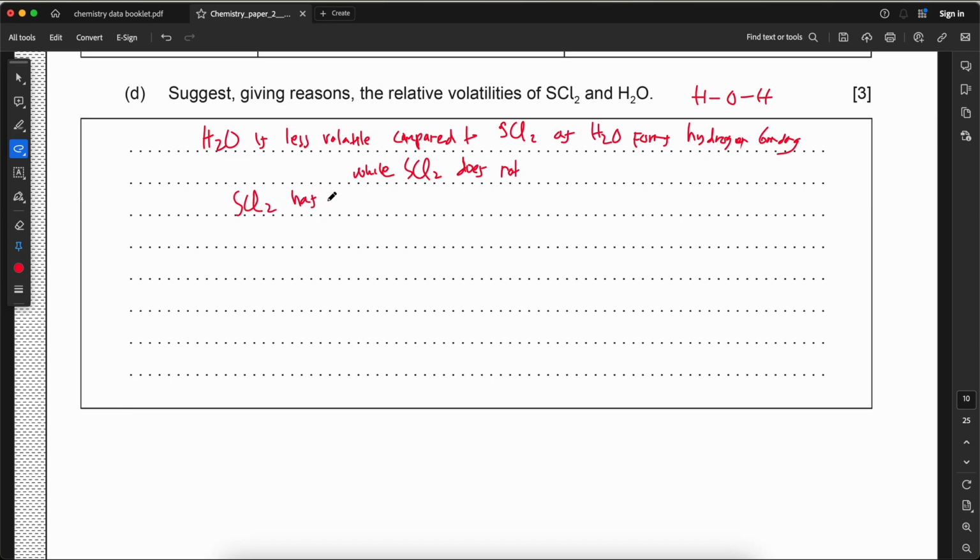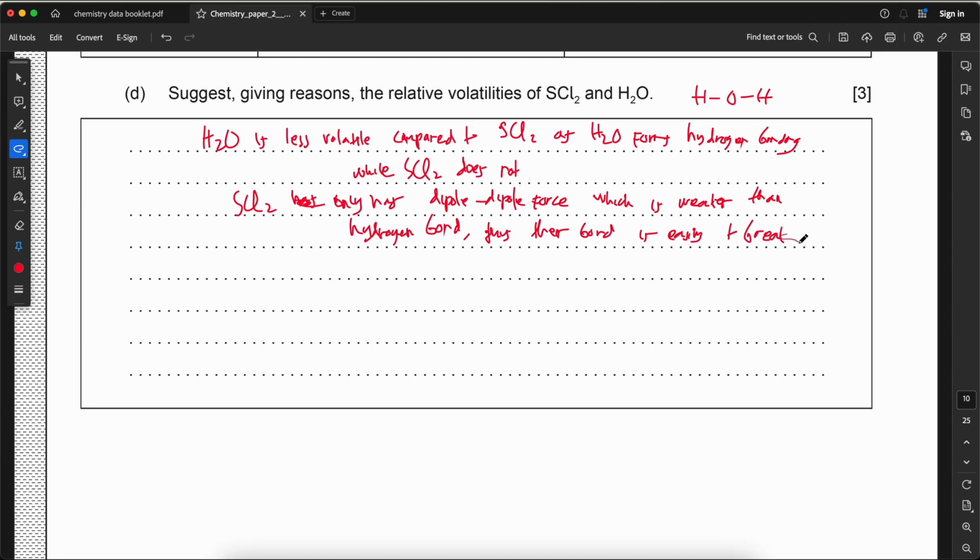SCl2 has dipole-dipole force because it has a lone pair, so it's polar, which is weaker than hydrogen bonding. Thus, its bonds are easier to break.